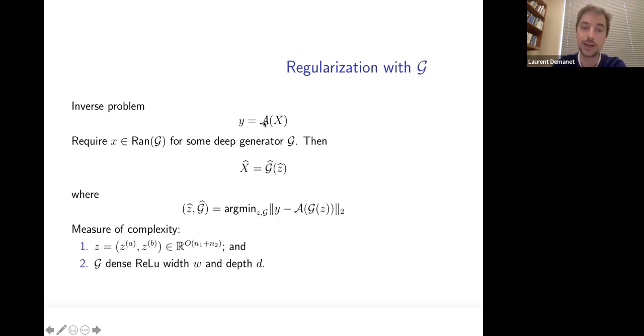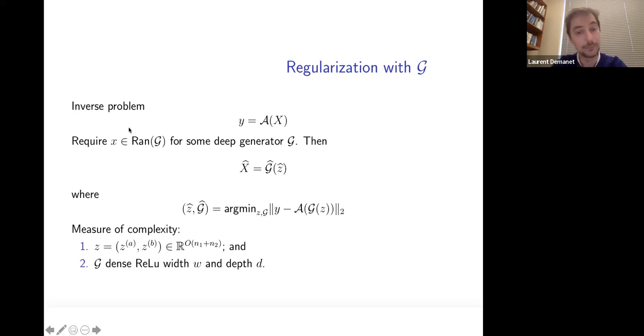And so we're going to call Y equals script A of X. The standard setting for inverse problems. Now, in our case, X is going to be a matrix, A is going to pick entries in it, and Y is going to be the observations of those entries in the matrix. But you can imagine compressed sensing fits in this framework also.